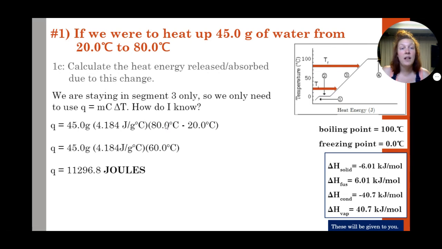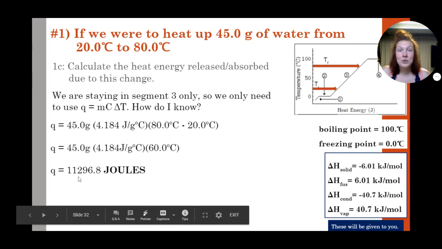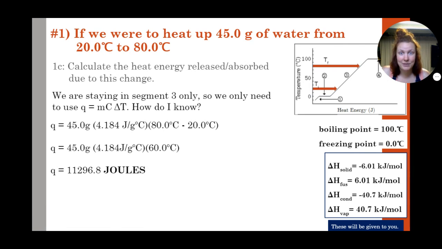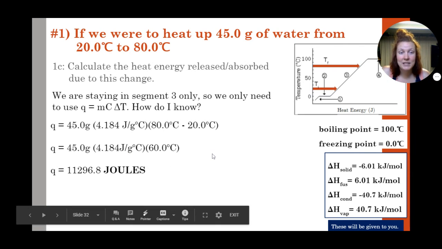And remember, don't flip-flop these because if you end up with a negative number, that'll change the direction of heat flow. Then we're going to multiply all those values together, and you end up with 11,296.8 joules. And we know that it's joules because we have joules per gram degrees Celsius, not kilojoules per gram degrees Celsius. So joules is our unit.